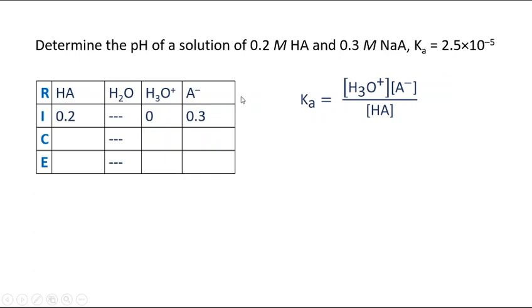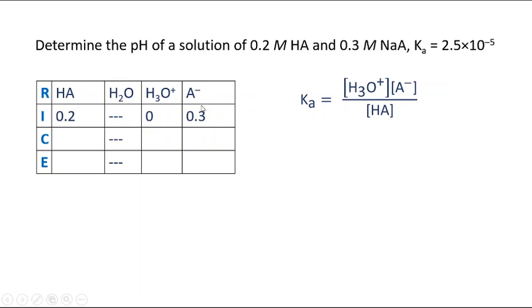And so here we know that our HA is 0.2. We know our H3O plus is 0. But something that is a little bit different than what we've seen in the past is now we actually have an initial concentration of our A minus. In previous problems, we didn't have any additional substance that can contribute to this A minus.